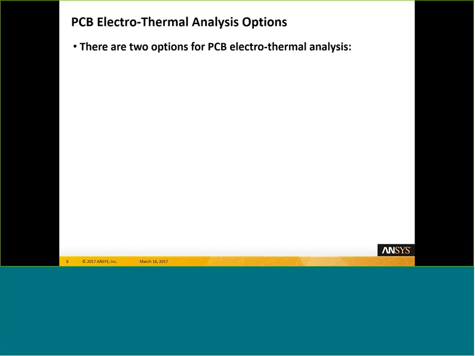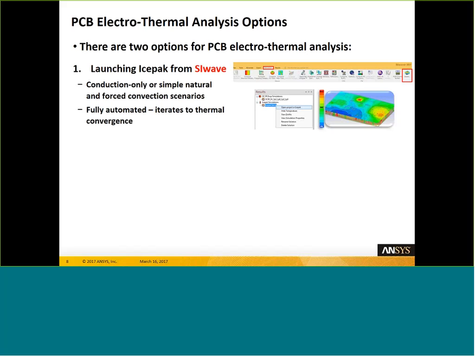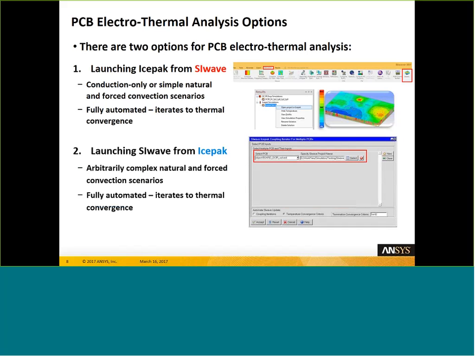So there are two options for the printed circuit board electrothermal analysis part. The first option is launching the IcePack SI-Wave coupling from within SI-Wave itself. Option two is launching the SI-Wave IcePack coupling from within IcePack.